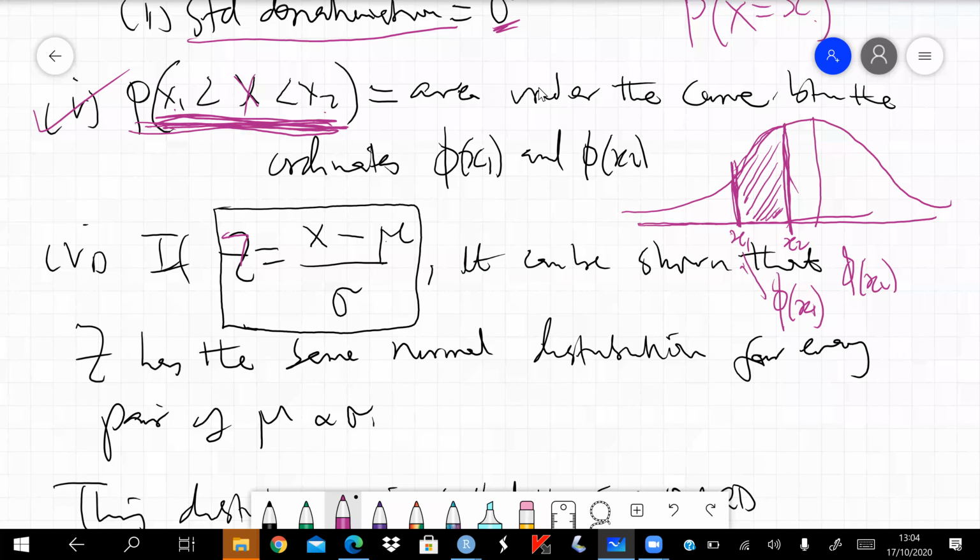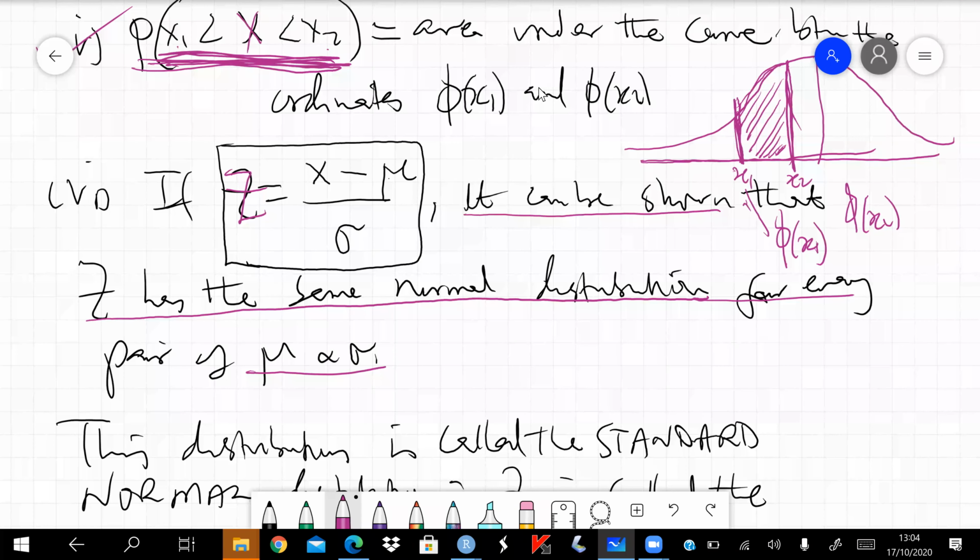And we're saying that if we define z as x minus mu divided by sigma, then it can be shown that z has the same normal distribution as the variable y, okay? For every pair of mu and sigma.